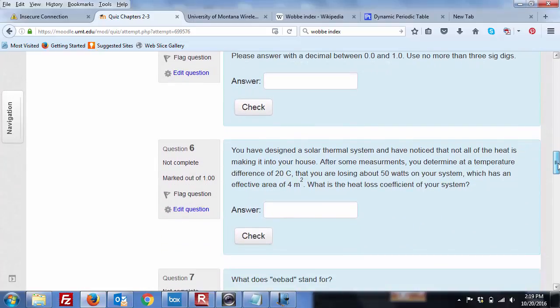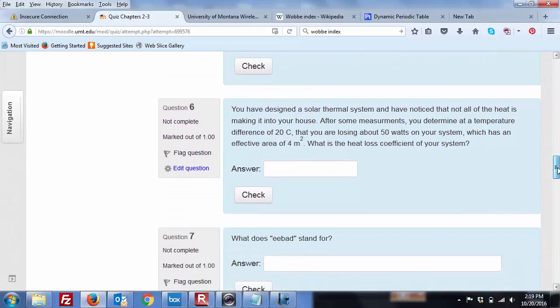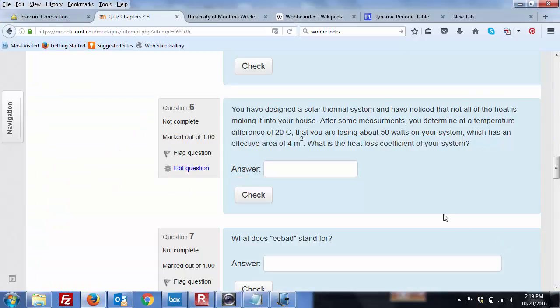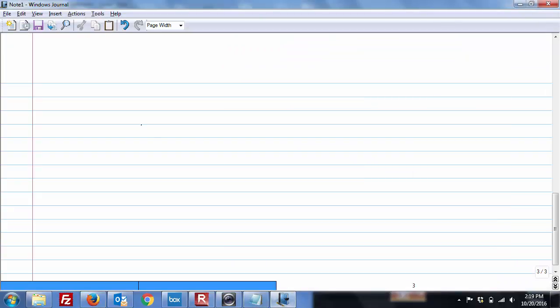So this is another good one. What you're looking for here, you've got Q dot, so this is the heat flow, equals K. This is just heat flow.